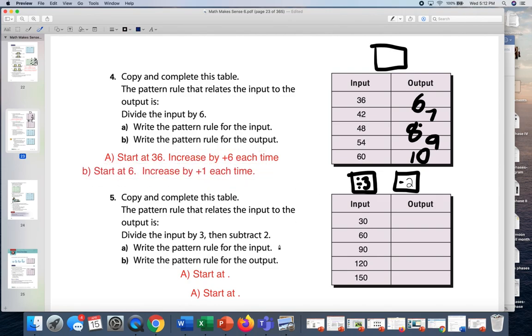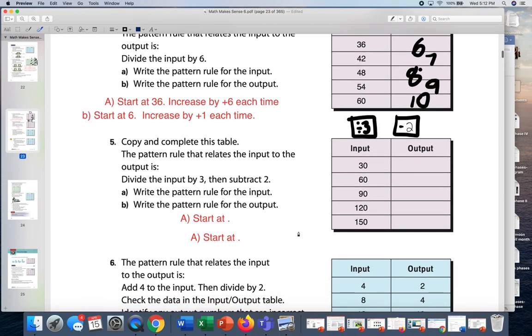Next one, number 5, copy and complete the table. The pattern that relates is divide the input by 3 and then subtract 2. So 30 divided by 3 is 10, minus 2 is 8. And then 60 divided by 3 is 20, minus 2 is 18. Then 90 divided by 3 is 30, minus 2 is 28.